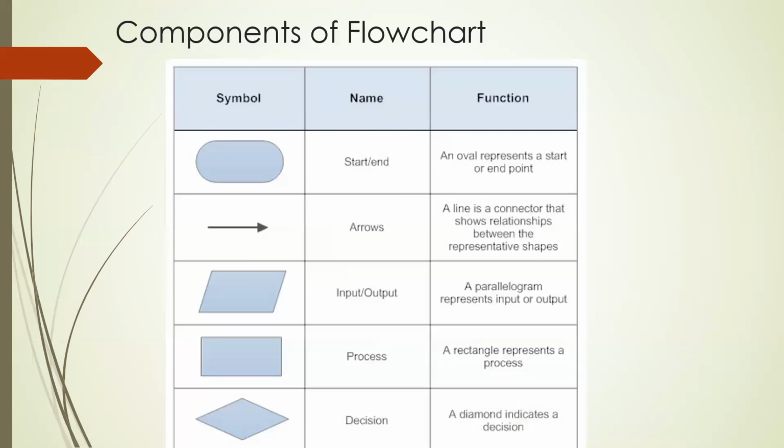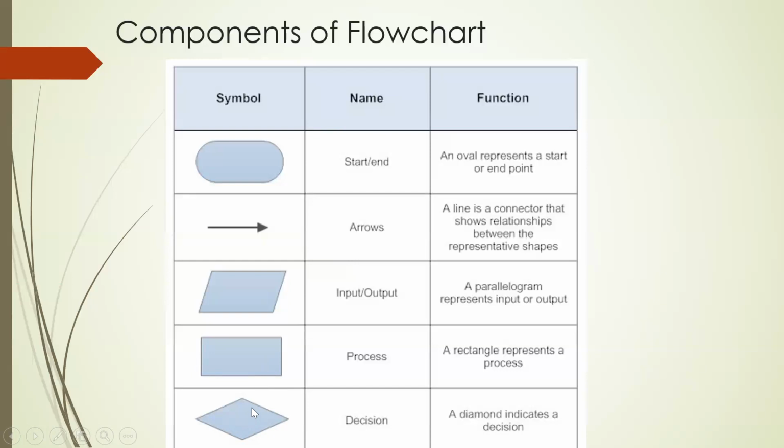Then we have the parallelogram. What does this parallelogram represent? Whenever we want to do anything, we either require input or want to display output. So this input-output entry is represented by a parallelogram. Similarly, a process is represented by a rectangle. Let us suppose I want to do the addition of two numbers. That addition, C equals A plus B, will be represented in this rectangular box because it is a process.